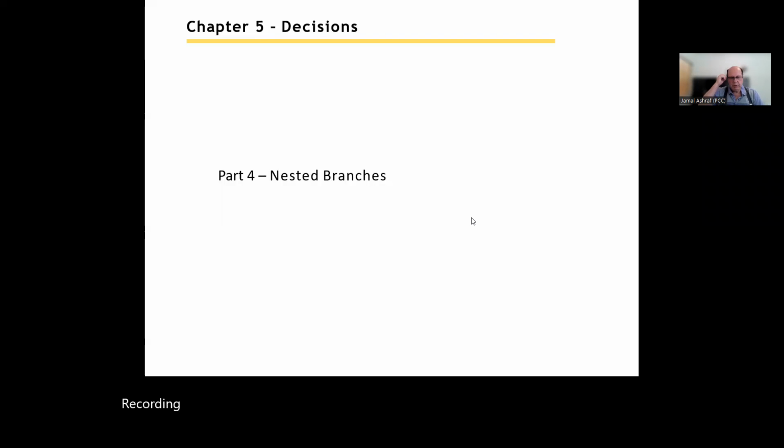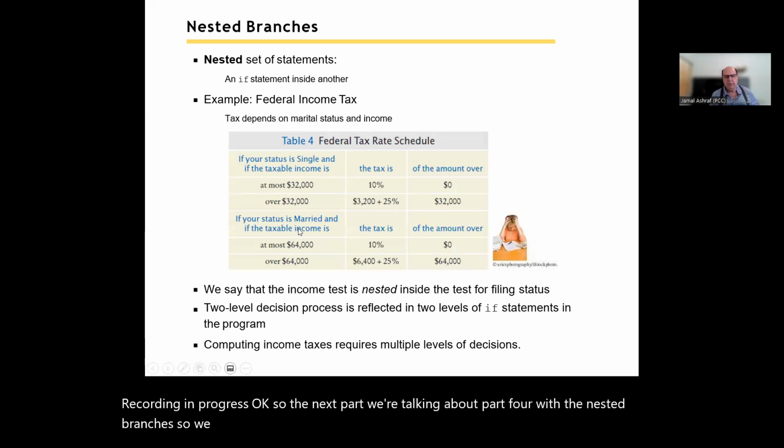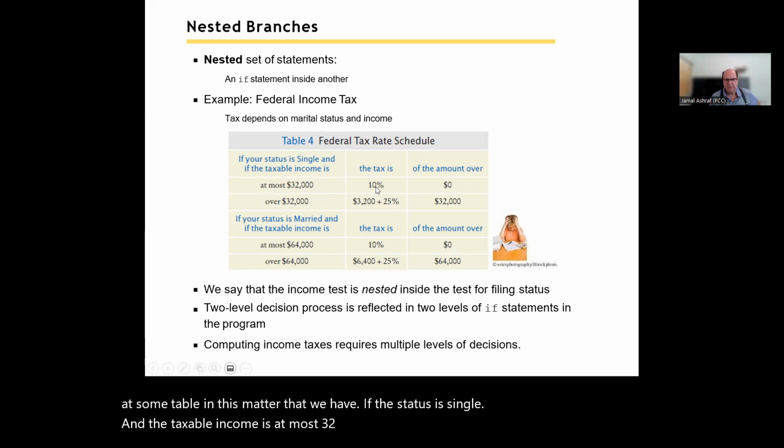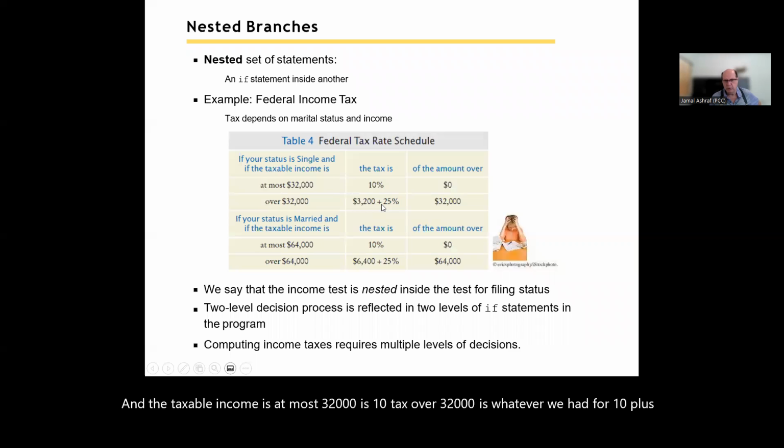Okay, so the next part, we're talking about part 4 with the nested branches. So we are looking at some table in this matter that we have. If the status is single and the taxable income is at most 32,000, it is 10% tax. Over 32,000 is whatever we had for 10% plus 25% of what is over it.